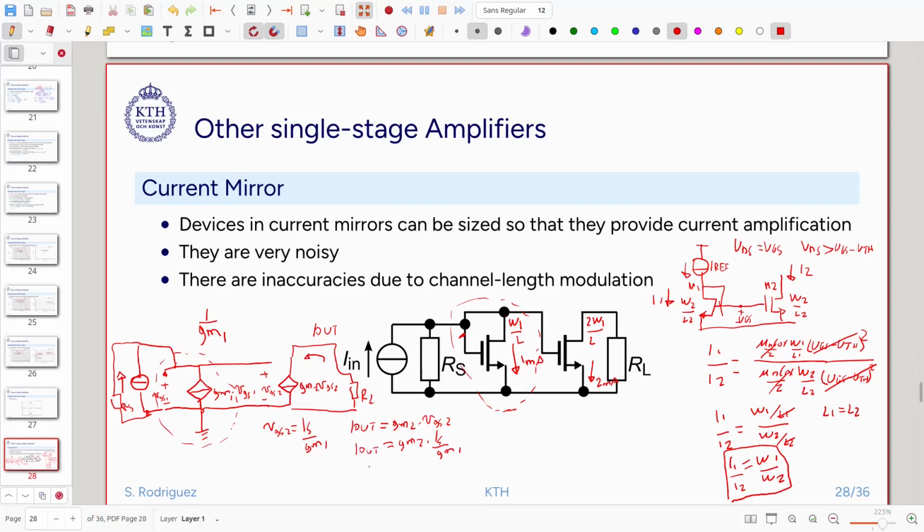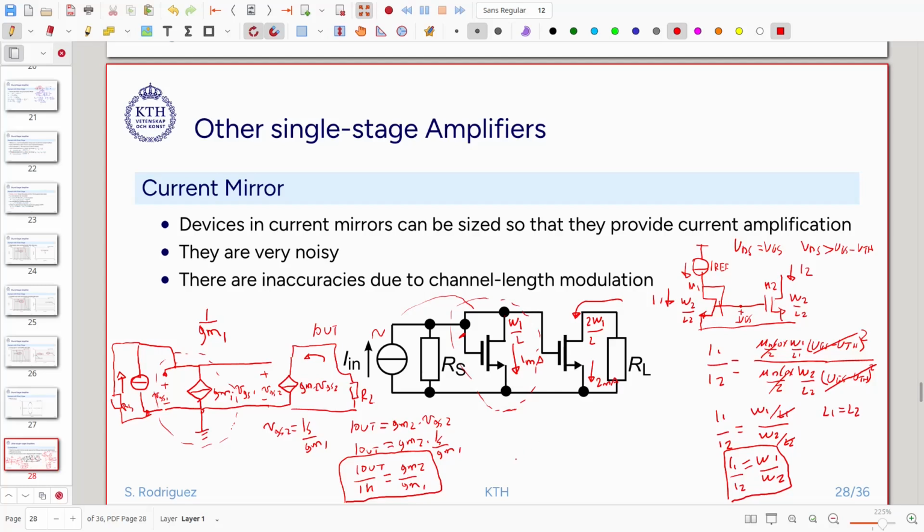So iout divided by iin, the current gain, will be equal to gm2 divided by gm1. That is a very interesting result for the small signal model. When I have some signal current entering here, this AC current will be amplified by the ratio gm2 divided by gm1.